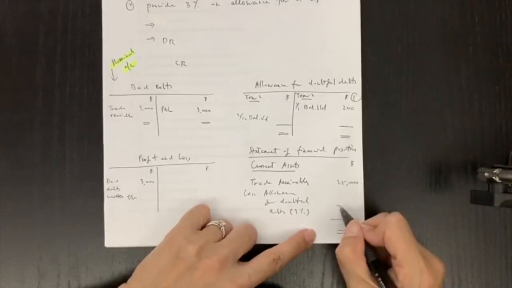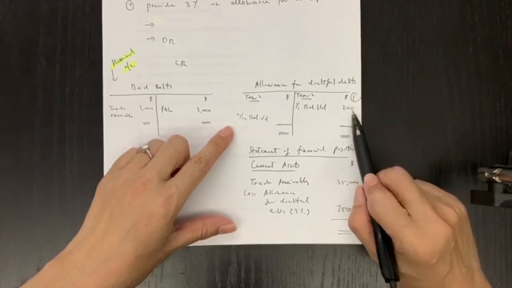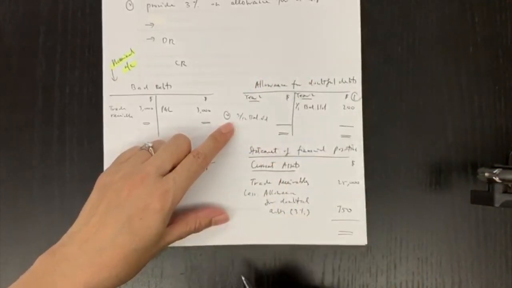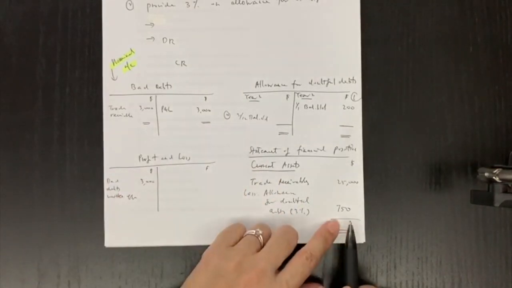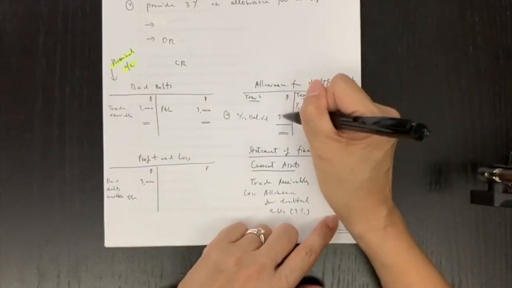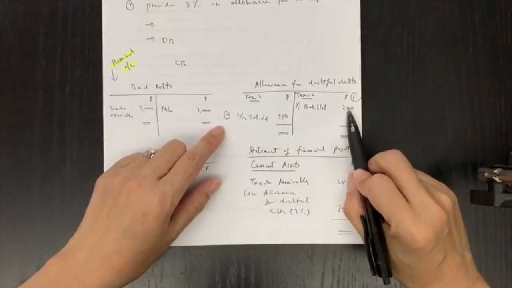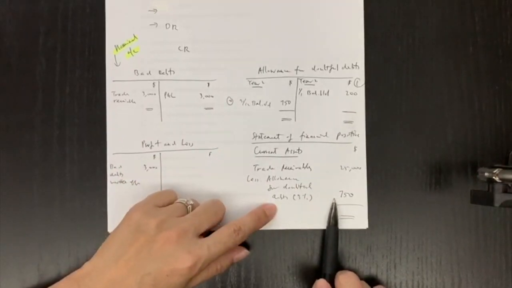So this will be 750, okay? Now, step number 1, opening balance. Step number 2, here. This is step number 2, the closing. Okay, so closing, which is 750, like that. Okay, so opening from last year, closing from this year's statement of financial position.